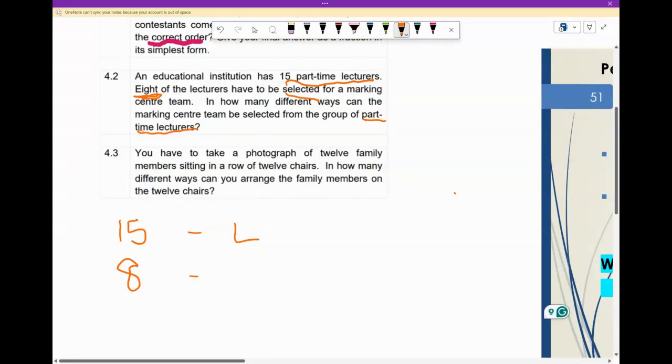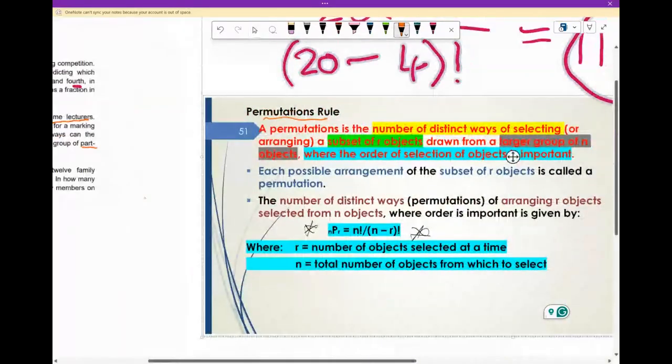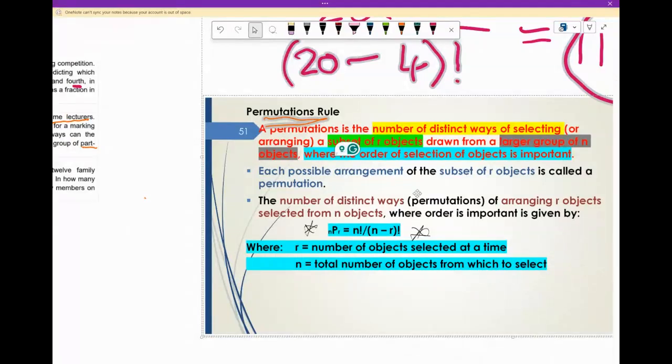So the question is, how many different ways can they select these part-time lecturers? Earlier we established that a question like this would be a permutation question, but now we need to ask ourselves: are they asking for a specific order, or are they asking for different ways that we can select a team?